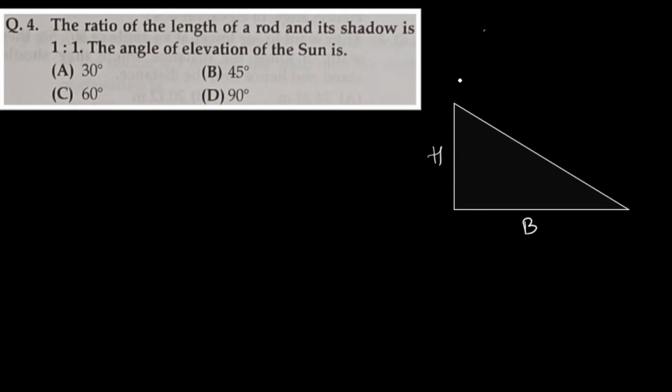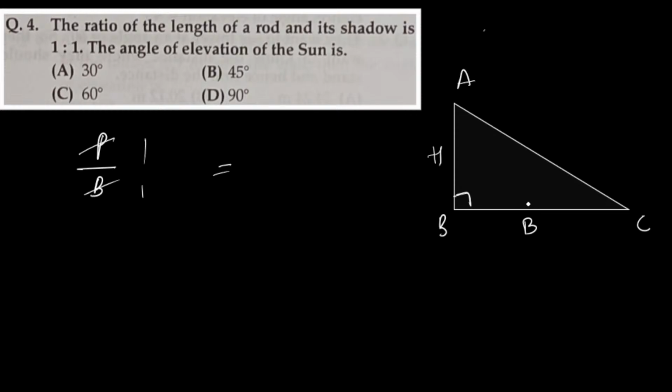Yes, it should be 45 degrees. Why should it be 45 degrees? The ratio is given between the length of the rod, which means the vertical height, that means the perpendicular, and the shadow, which will be at the base. When the ratio of perpendicular and base is 1:1, that means perpendicular and base are the same.